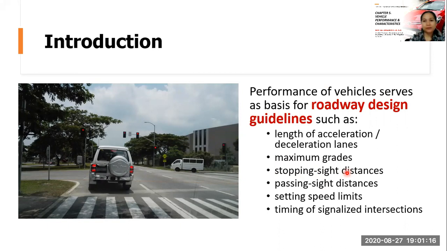And also the passing sight distance. So how many percent of the road length are you going to designate for such? Or setting speed limits, what will be your basis for setting the speed limits? Do you put it at 60 kilometers per hour or higher? And the performance of vehicles also helps in the designation of the timing in signalized intersections.